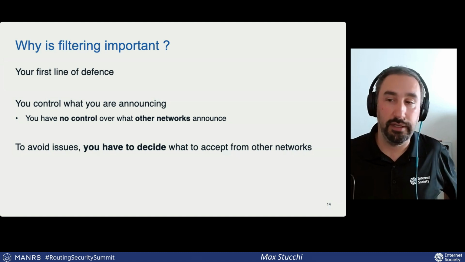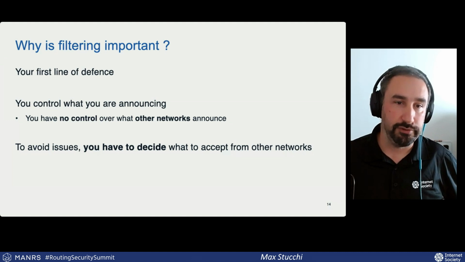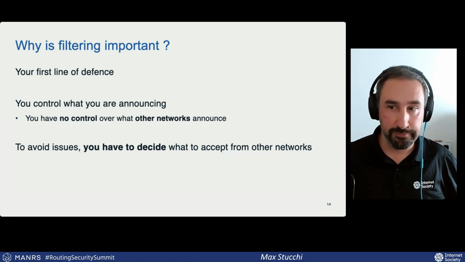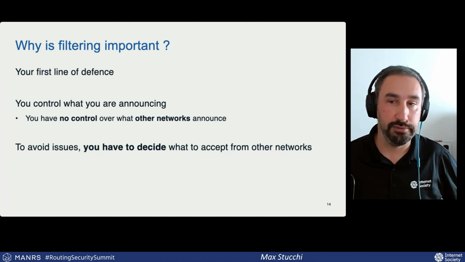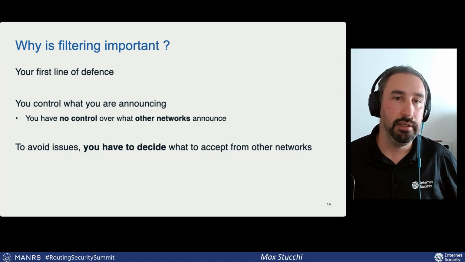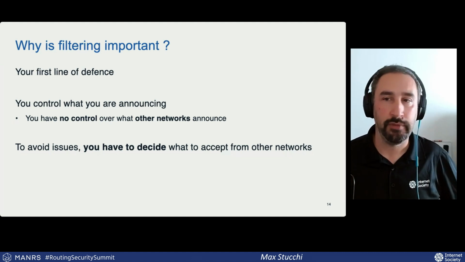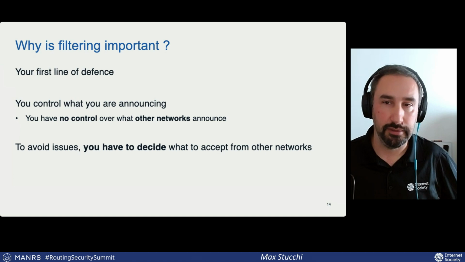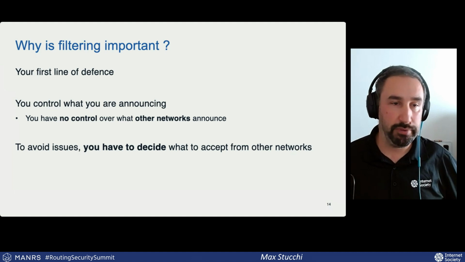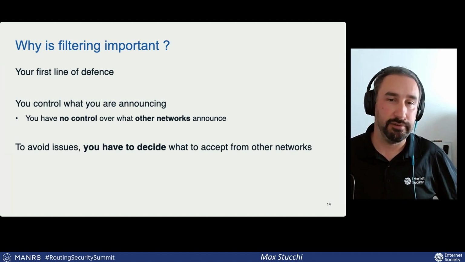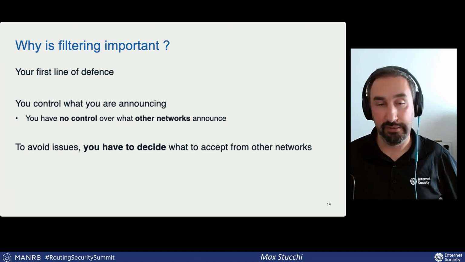Because it's your first line of defense. If you don't allow a network to get into your routing table, you cannot reach that. And so if that network is not supposed to be there, and you decided to not accept it because there is no data proving that that network should be announced by a certain ASN, or there is no data that says that that network should be in the routing table at all, then you just can drop the announcement, and no traffic will be available to run between your network and that network.